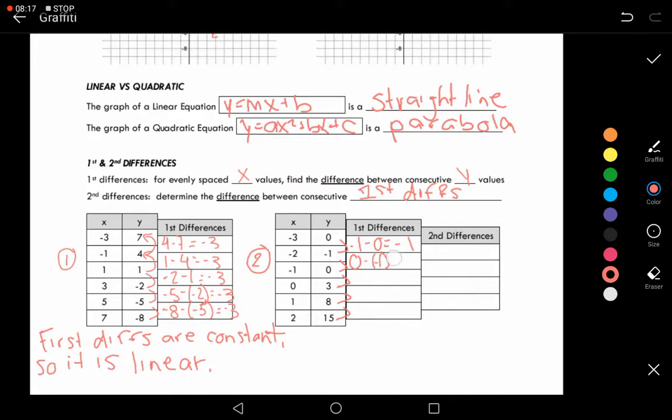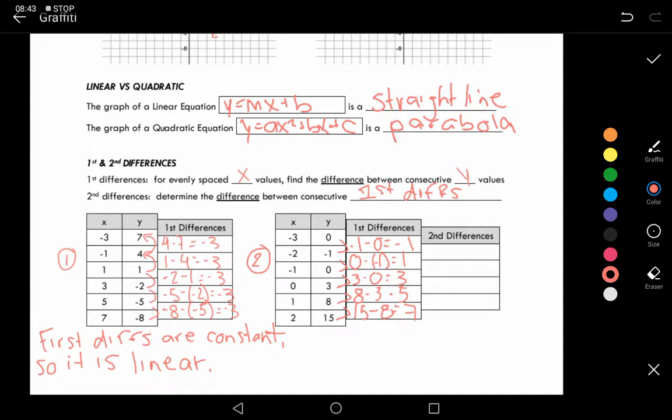Again, that double negative just means adding. So it's 0 plus 1 is 1. Then I have 3 minus 0, which is 3. 8 minus 3 is 5. And 15 minus 8 is 7. Okay, so we found our first differences the same way we did in that first table.